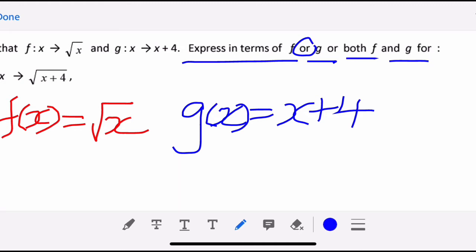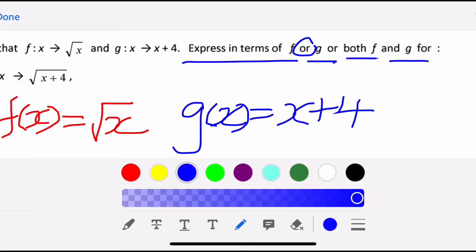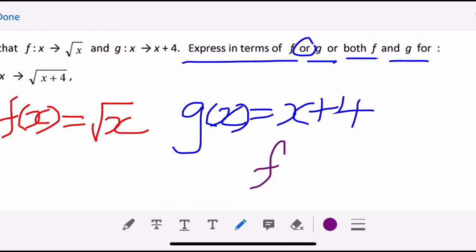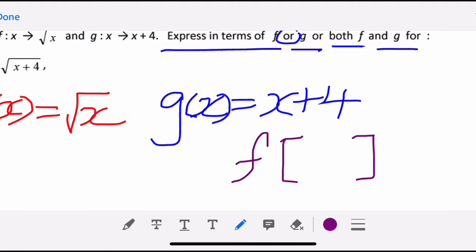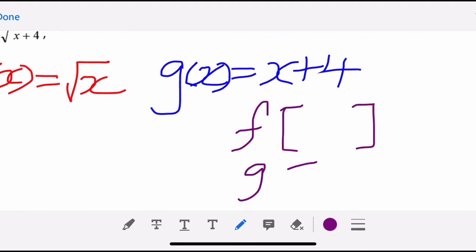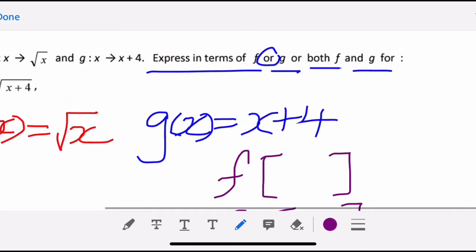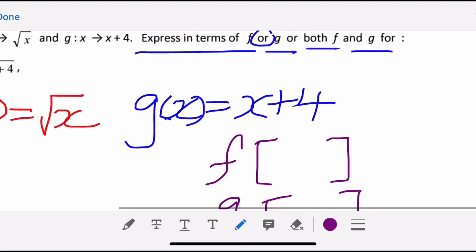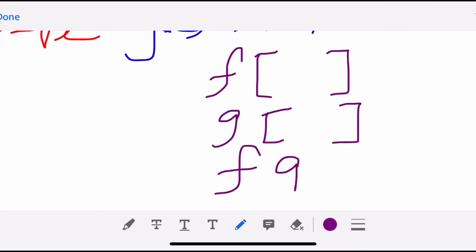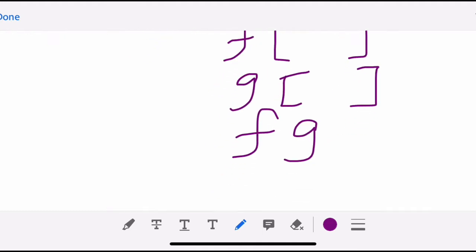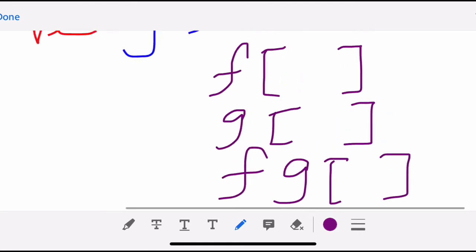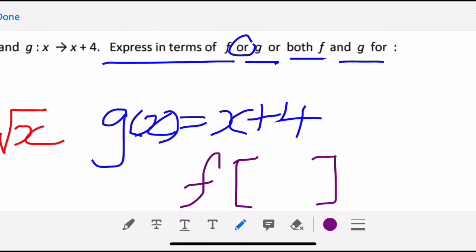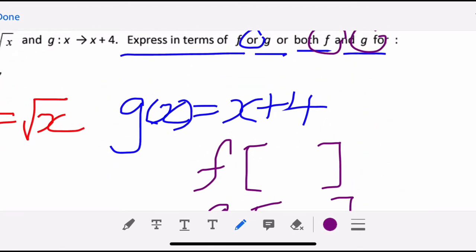That means your answer that you write later can have f something, or g something, or you can have both. You can have fg, or maybe gf. So both of them together, that is what the question means.